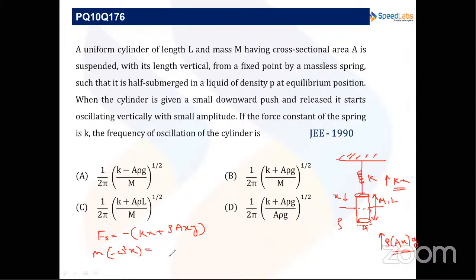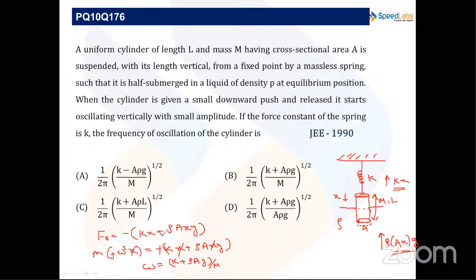So m times minus omega square x is equal to minus of kx plus rho A x g. Start cancelling: minus is cancelled, x cancels with all the x. Now omega square comes to be k plus rho A g divided by m.